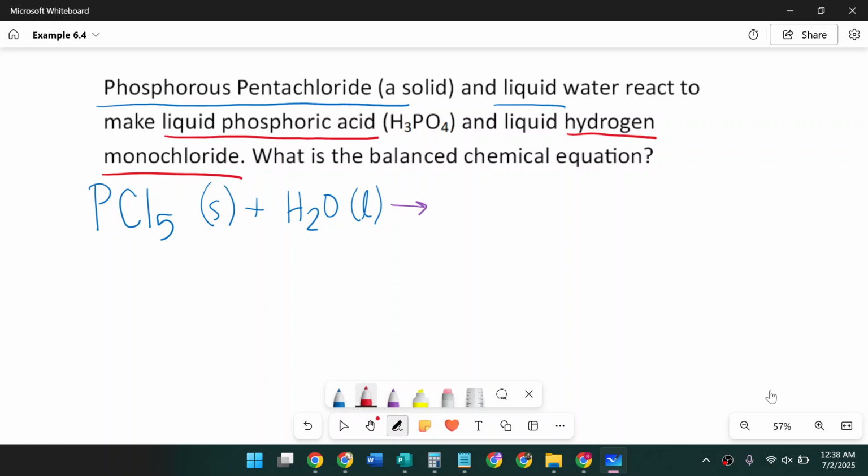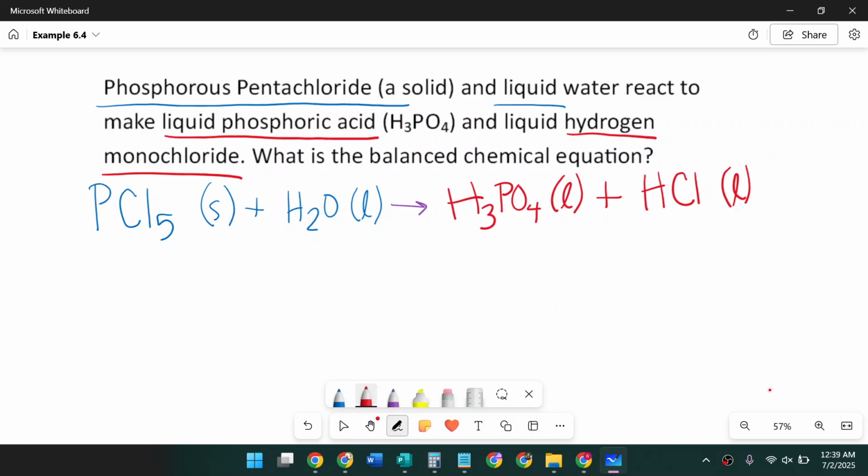Alright, and then on the product side, we have liquid phosphoric acid, and thankfully they gave us the formula for that. And then hydrogen monochloride, that one again, we can use the naming to know that hydrogen just has 1, and then the chlorine just has 1 because it's monochloride. And they told us that that was liquid, so we'll include that information.